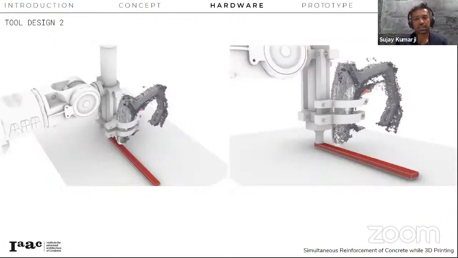This was the initial design of how we wanted the tool to be, where we had the concrete nozzle, which was trailed by the staple gun. Once the nozzle prints, the staple gun immediately staples beyond it, and the staples embed into the layers, thus adding tensile reinforcement into the concrete.